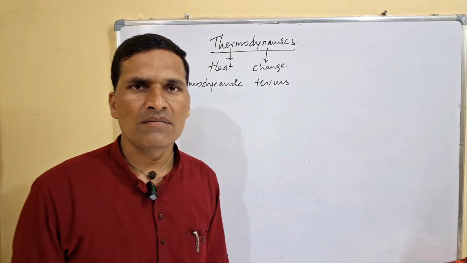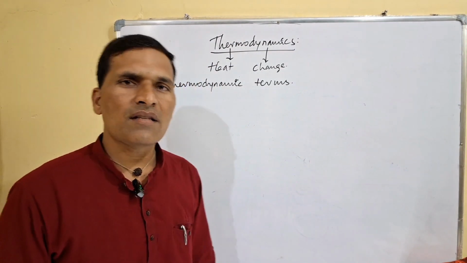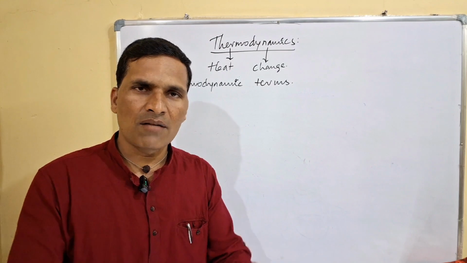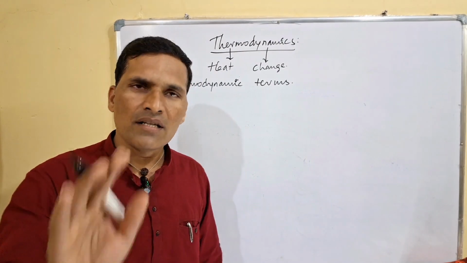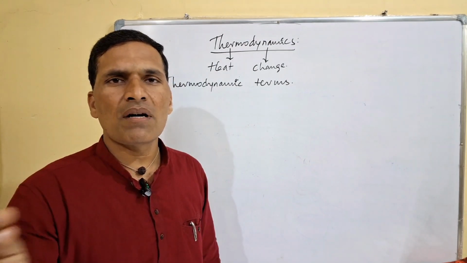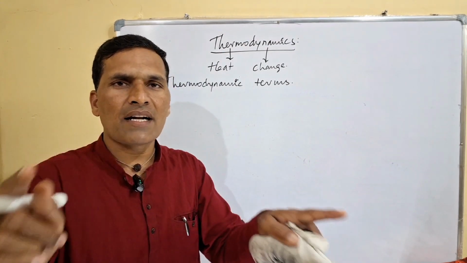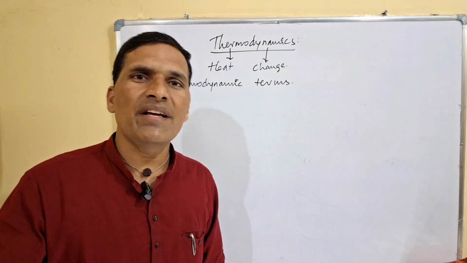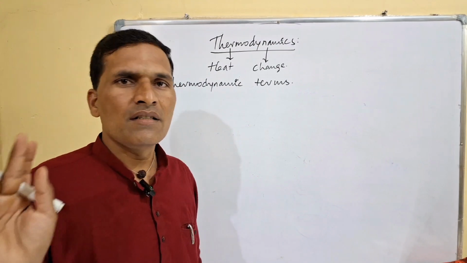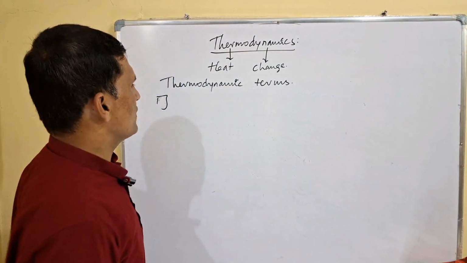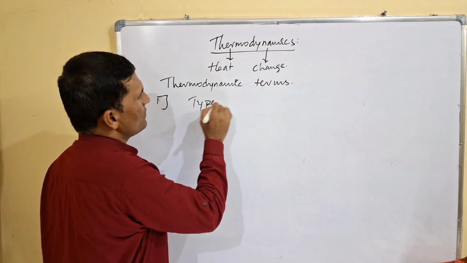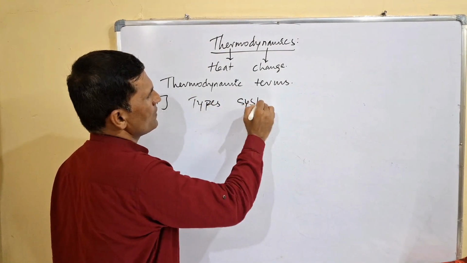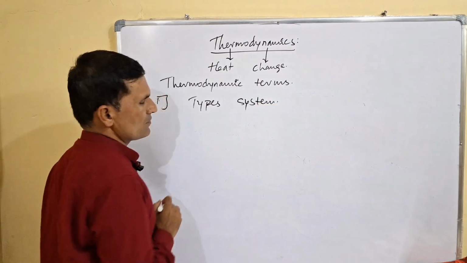And surrounding is the rest of the universe; whatever else is there is called surrounding. In fact, surrounding is that part of the universe which exchanges energy with the system. Then next is types of system.